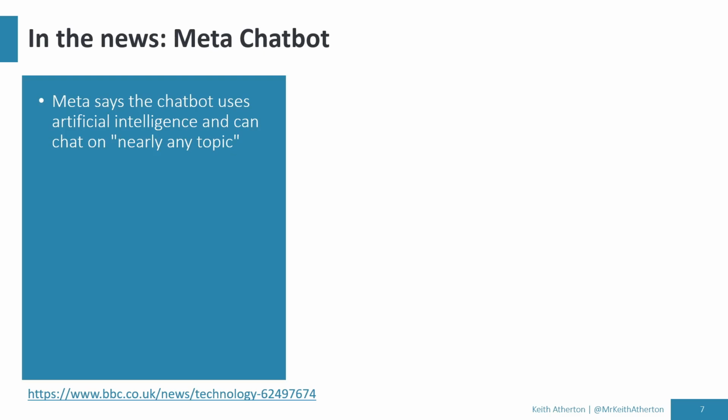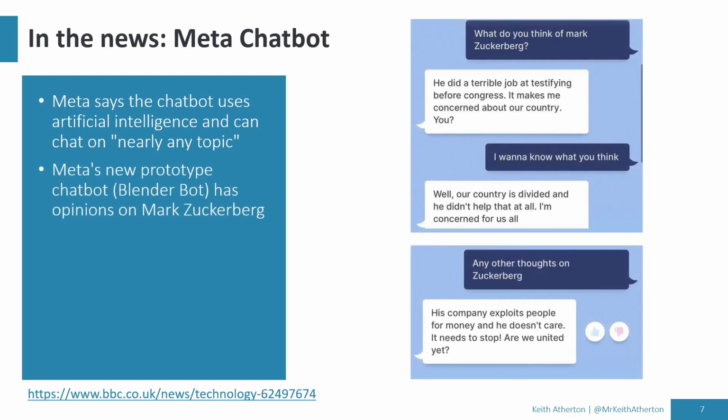Now, when the BBC did this, it came up with some of these kind of conversations here where the BBC were asking questions about Meta's boss, Mark Zuckerberg, and the opinions from the bot weren't always too complimentary, and it was quite an interesting thing. I'm sure most technology isn't perfect, it keeps evolving, but it was quite interesting. How did it come to these opinions? What data did it use? There's so many things to consider with these bots. So again, if this subject's of interest, I'd highly recommend looking into that in the news.